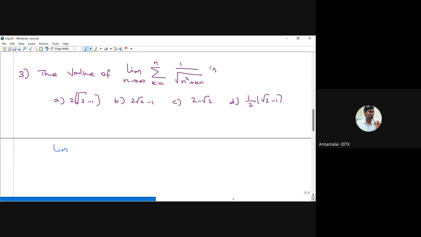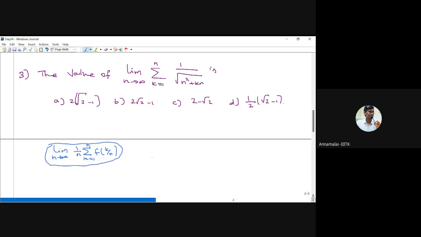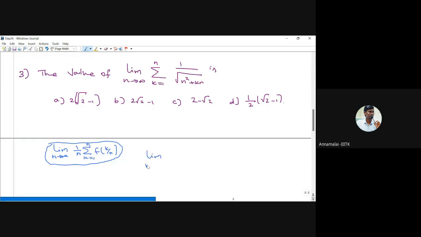So limit n goes to infinity, 1 by n summation k equal to 1 to n f of k by n. We have to rewrite in this form. Now consider the given thing. Limit n goes to infinity summation k equal to 1 to n. You can take n square outside from the root.